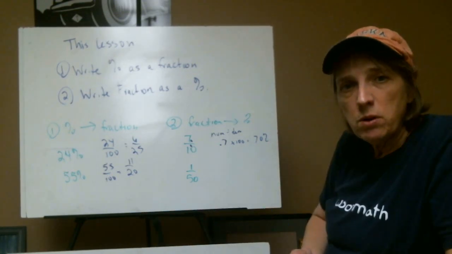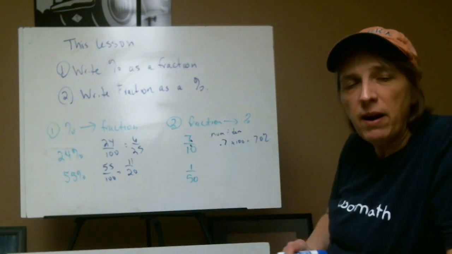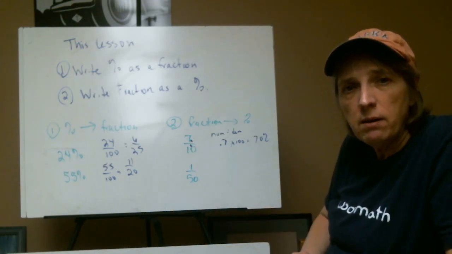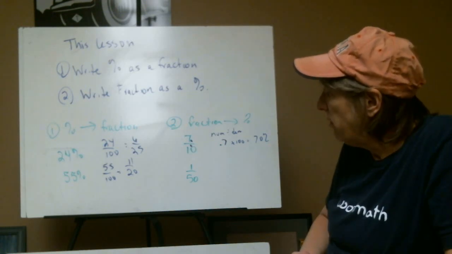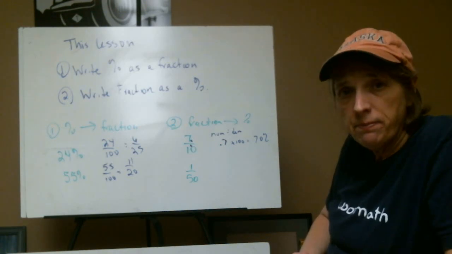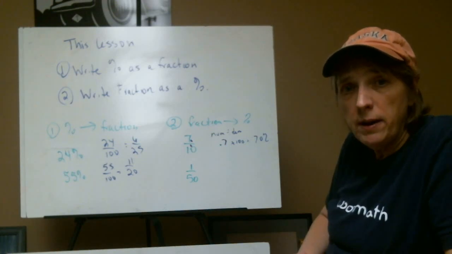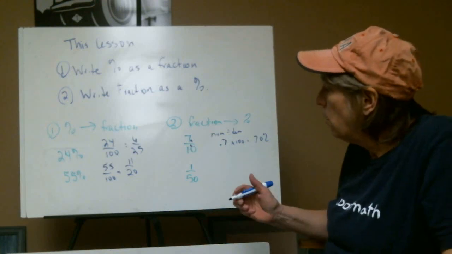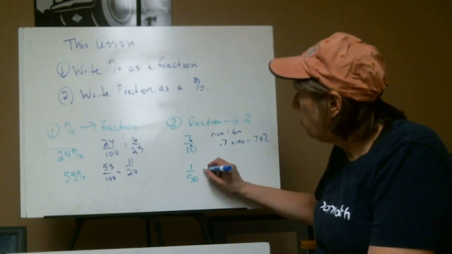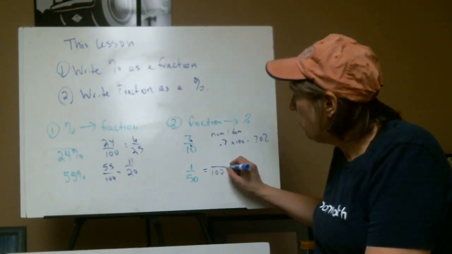So what about this one? If I divide 1 divided by 50, what do I get? 2%. Well, here's another way you could do it. You could do proportions or similar fractions.